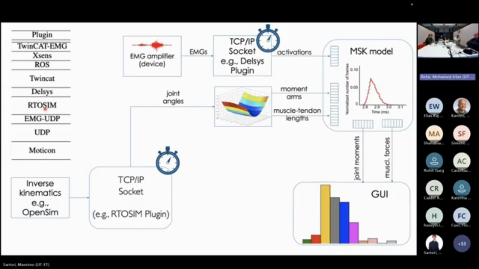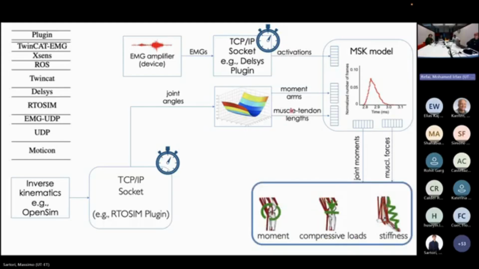We have a plugin for OpenSim RT. If you want to stream real-time OpenSim variables to CEINMS, that can be done. We have a plugin for TwinCAT if you want to use a hard real-time communication protocol, and so forth. So these are some plugins that are already available, which we think will serve some of the community needs.